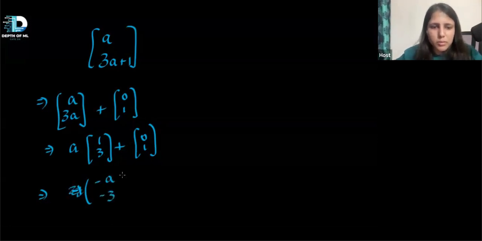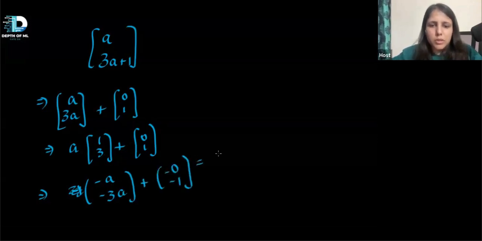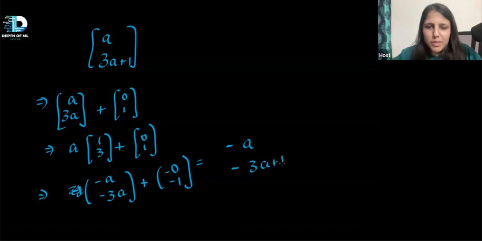-3a plus -1, right? Then I have minus a by -3. Oh, what am I doing? -3a plus 1, right?